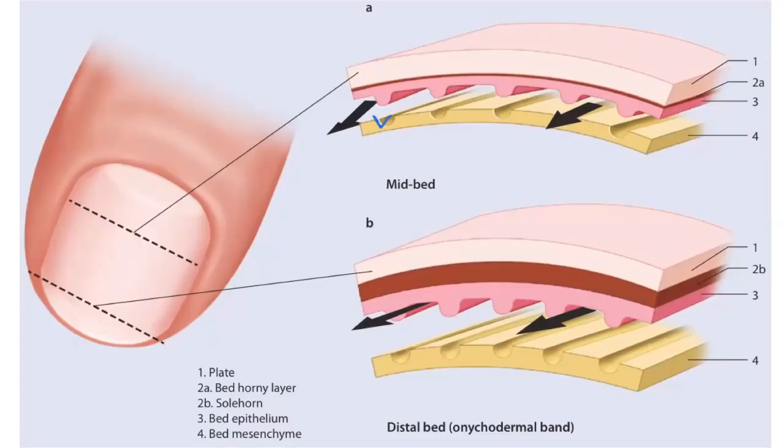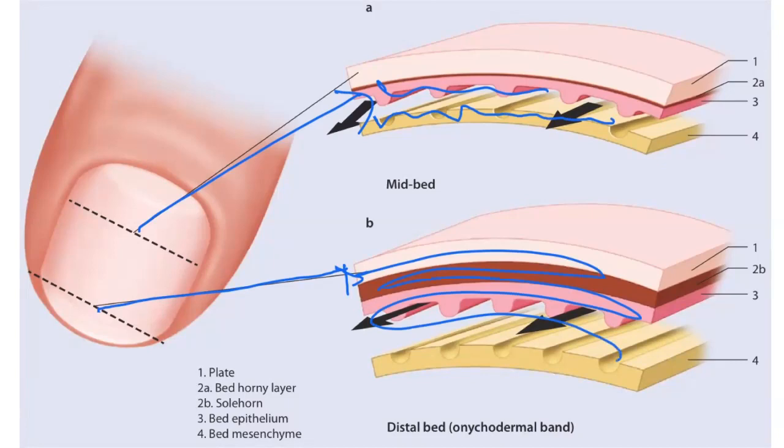So you see, this is interlocking here and here at the onychodermal band, distal end, right? Observe these diagrams later, how this interlocking works.